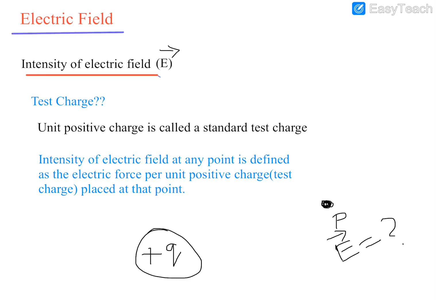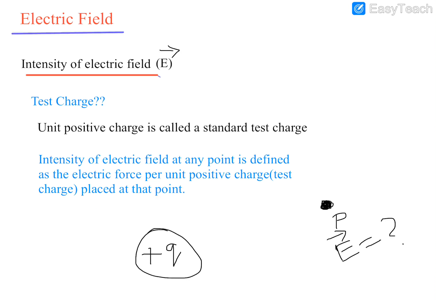So how to find it? This method is easy. According to the definition of intensity of electric field, intensity of electric field at any point, here the point is P, is defined as the electric force per unit positive charge placed at that point. So you are going to find the intensity of electric field at this point. It is given by the force acting on a unit positive charge.